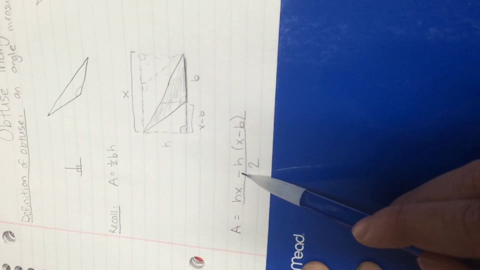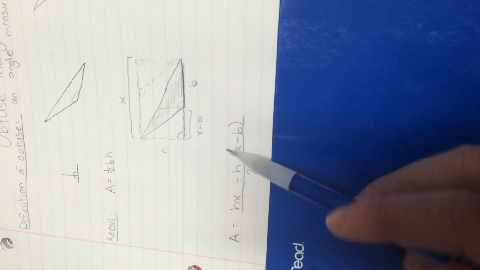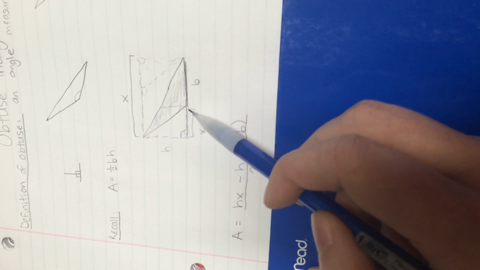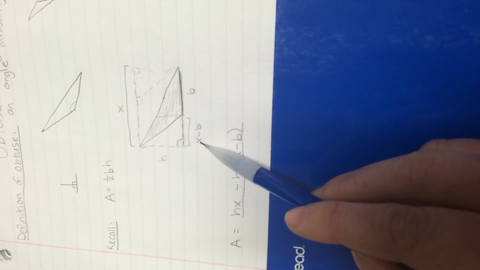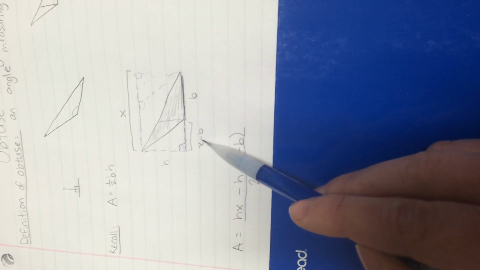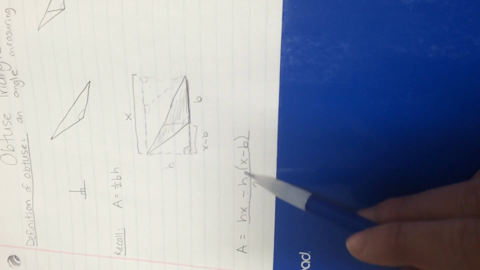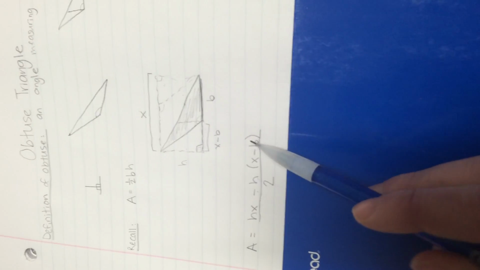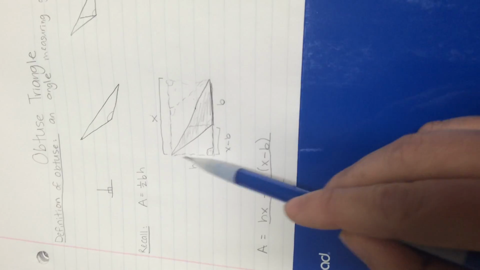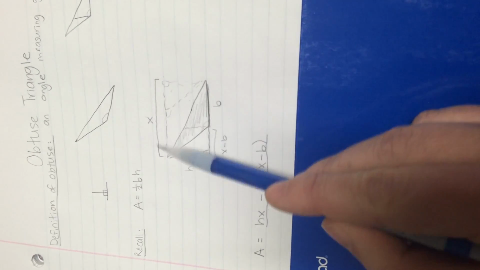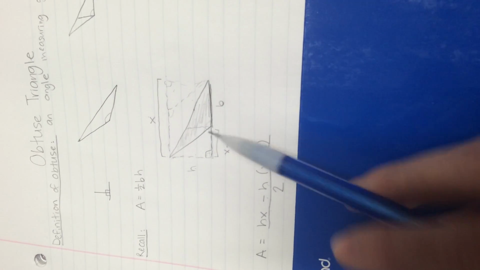So we're going to subtract and then find the height of just this little triangle that we created, which is h times the base of this one, which is x minus b. So h times x minus b all over 2 because we doubled this and reflected it over to create our rectangle.